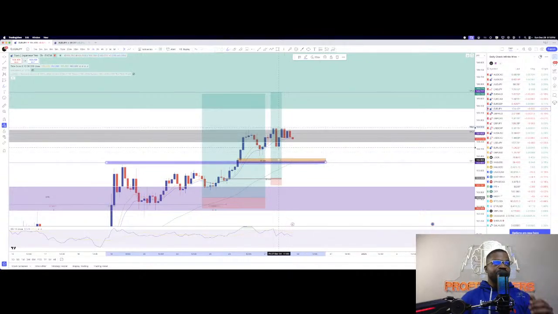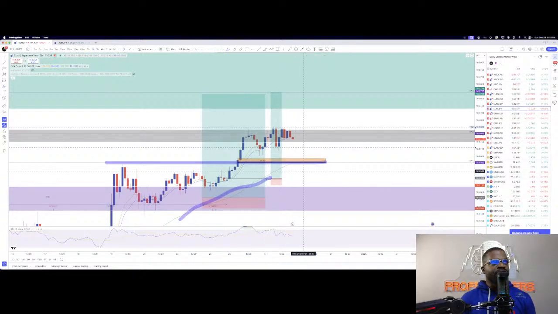In most cases, after price breaks a high, you'll see a retest of that level before continuation. And we also have our 50-day EMA right here traveling underneath that zone, which pretty much gives what they call extra confluence, letting you know that it's a possibility of price falling.